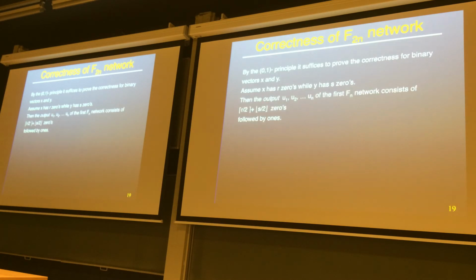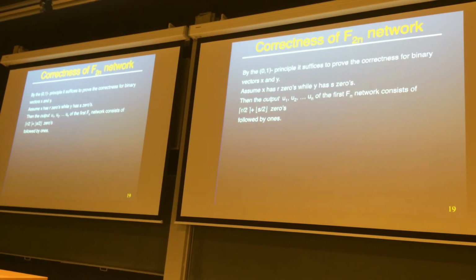Then the output u1, u2, up to un of the first Fn network, the one we saw just before, consists of this number of zeros followed by ones. And you have to look here at the floor and the ceiling that differ.